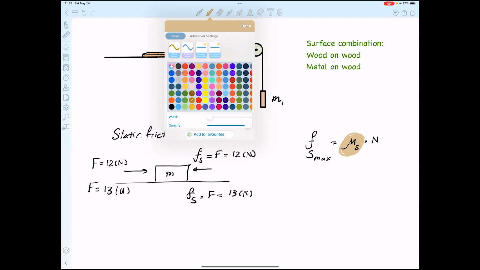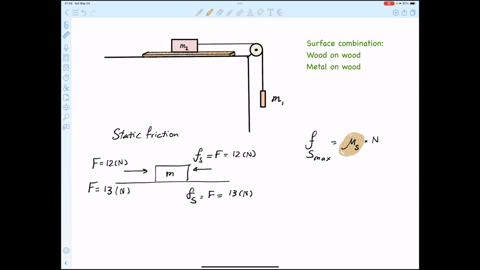It could be different combinations, and each material has its own mu s. For example, wood on wood would have a different mu s than metal on wood, or plastic, and so on and so forth. So this mu s really depends on the material.